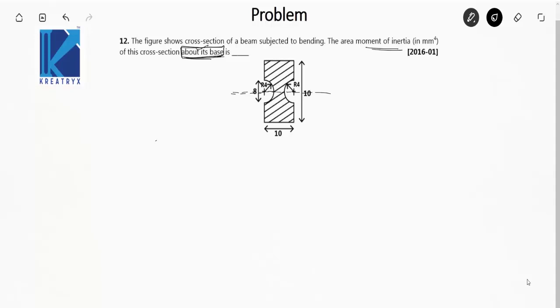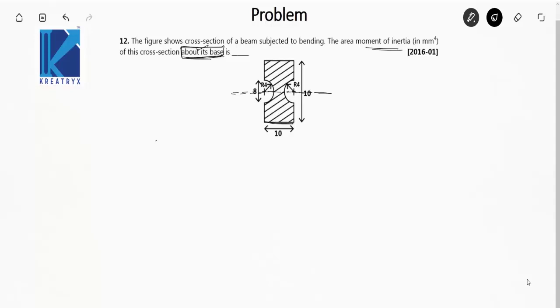So I can find the moment of inertia of this rectangle about its centroidal axis, and of these two semicircles or a circle about its centroidal axis. I can subtract both of them, and then apply the parallel axis theorem and find the moment of inertia about its base.